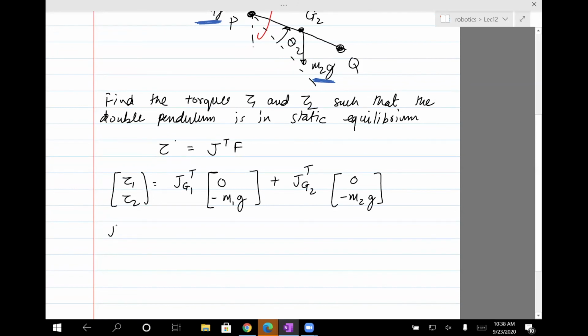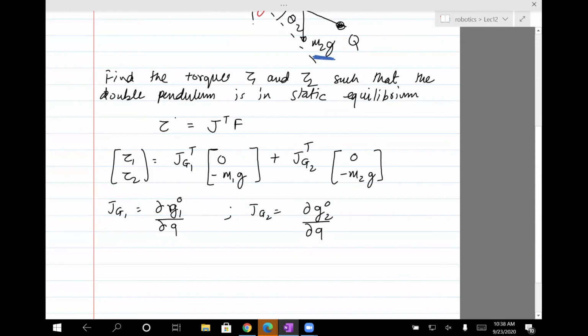So the Jacobian of G1 is dG1 dq, and the Jacobian of G2 equals dG2 dq, where q is theta 1, theta 2.